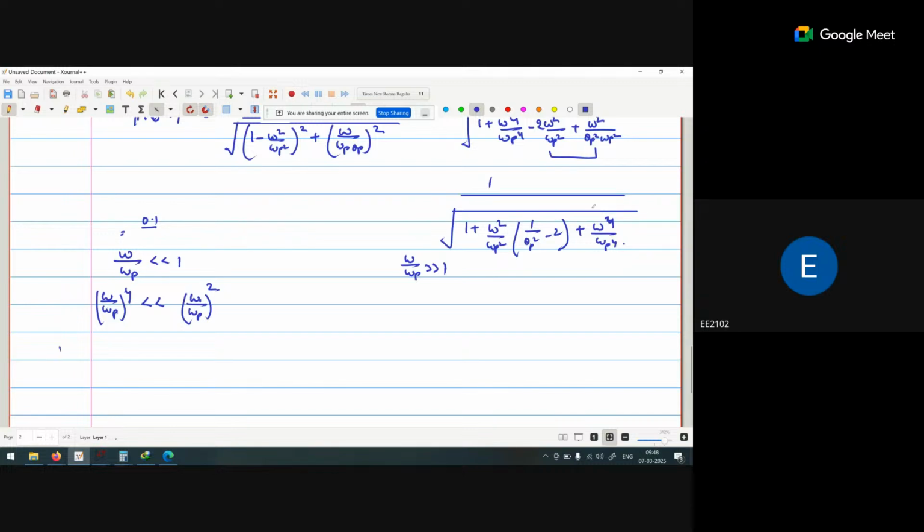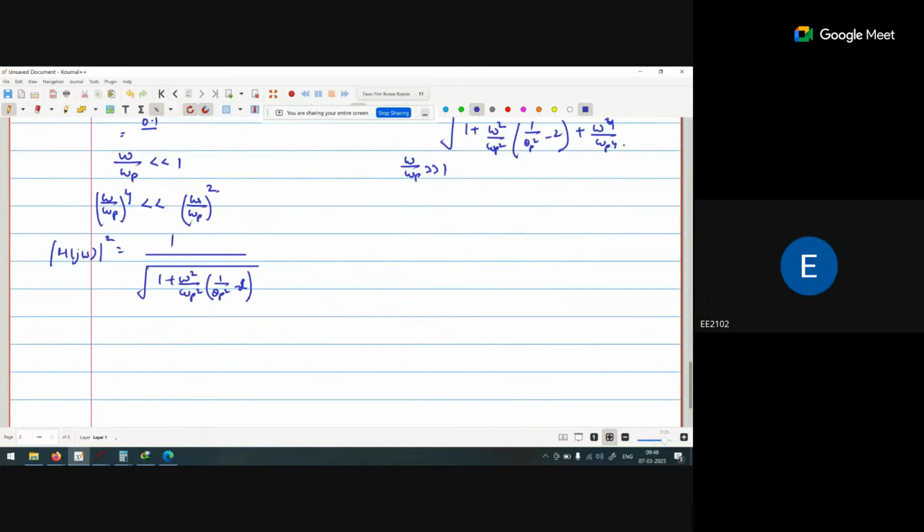So basically the magnitude of H of j omega, mod square, is equal to 1 over 1 plus omega square upon omega p square times 1 over Qp square minus 2. Now this 1 over Qp square minus 2 will define the response graph.